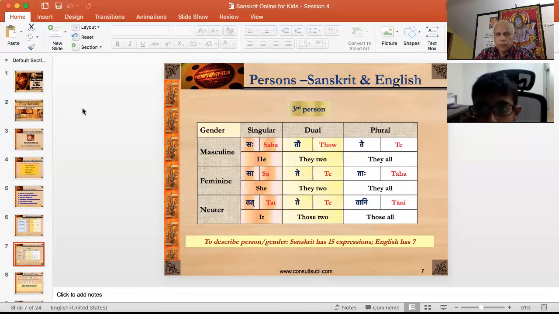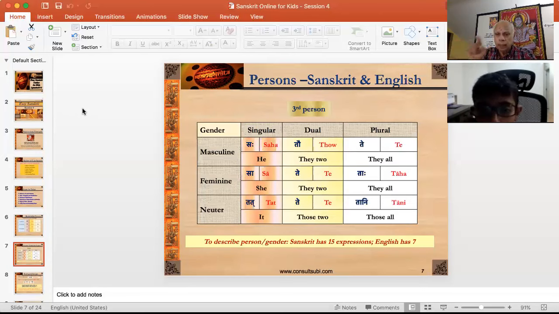Third person. We have to give a little detail because there is singular, dual, and plural. You say saha, he; dual is tau. Two, there is a similarity, tu and tau. Easy to remember. And if it is more than two, te, they all. Likewise, in feminine gender, you have sa, te, and taha.